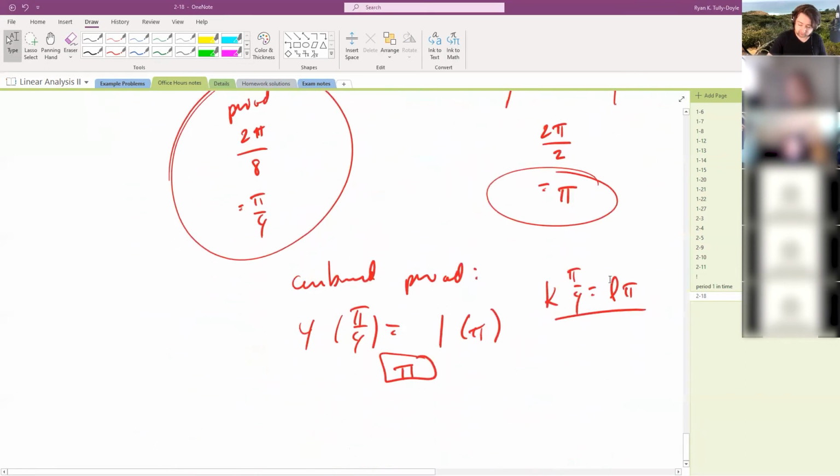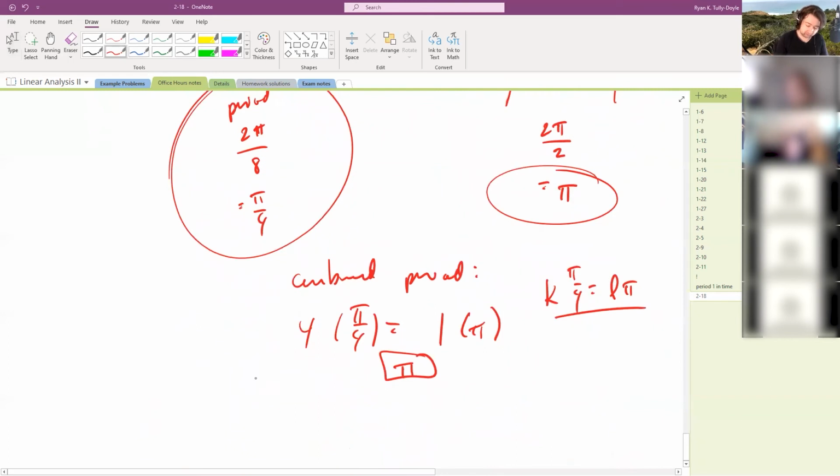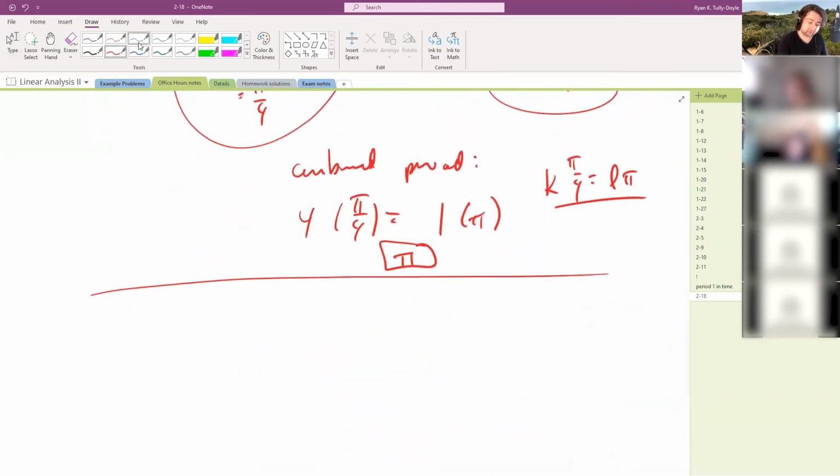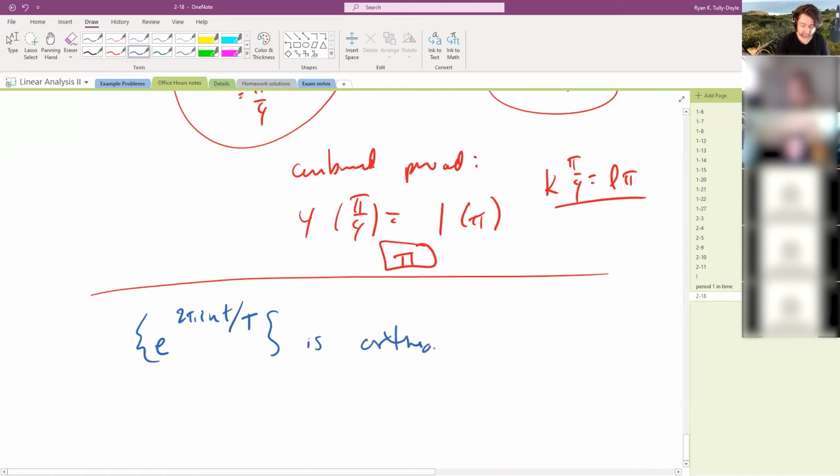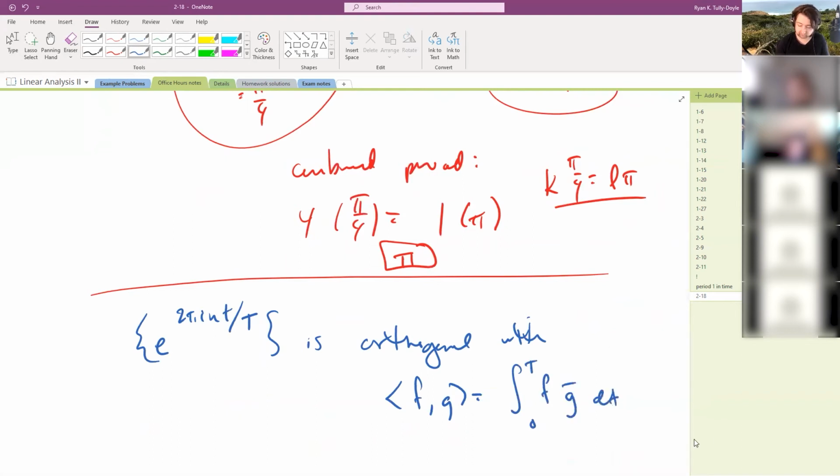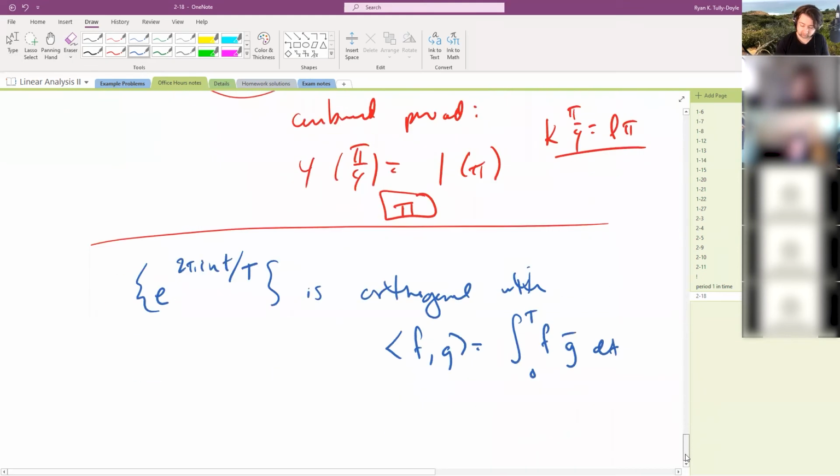So these are also really good exam questions, or questions like these. If I want you to show me that e to the 2 pi i n t over capital T, that this family of functions is orthogonal with the inner product f dot g equal to the integral from 0 to T of f times the complex conjugate of g dt, what I'm asking you to show is that any two of these that I stick into that integral, when I do the integration, I get 0.